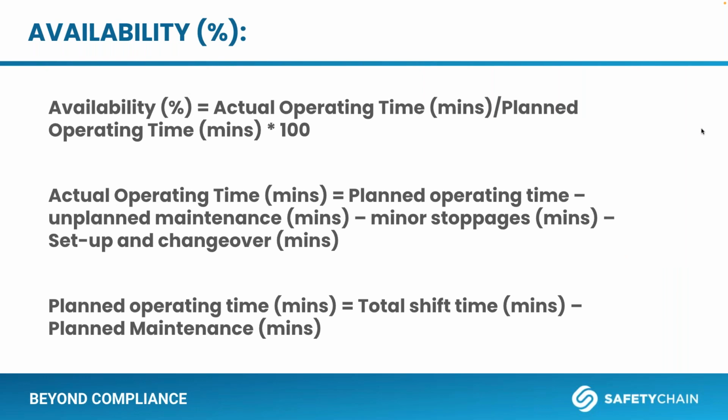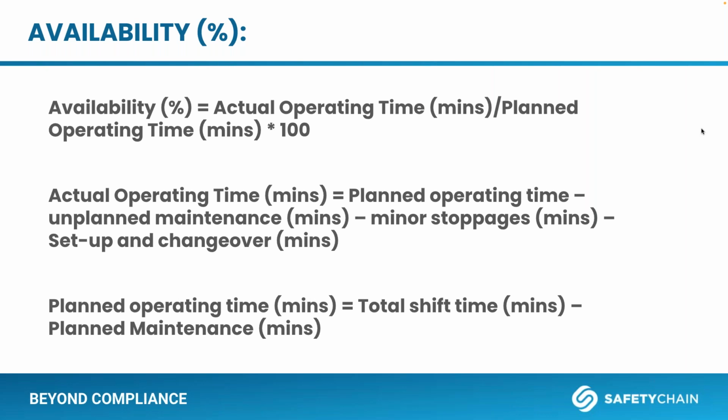So availability, just diving a little deeper into that. Again, what's our actual operating time over our planned operating time in minutes? So the actual operating time, the working definition, is equal to our planned operating time minus unplanned maintenance or downtime, minus any minor stoppages that we might have, and then less any setup or changeover we have as well.